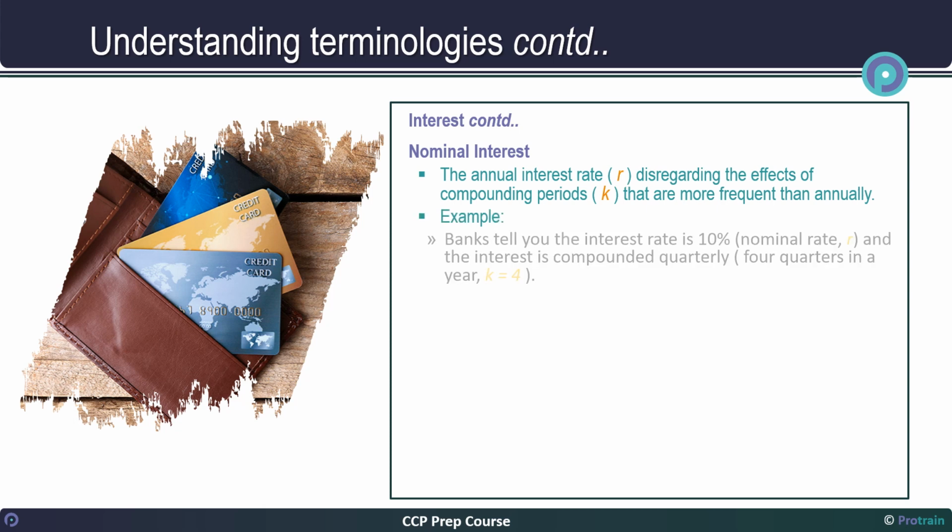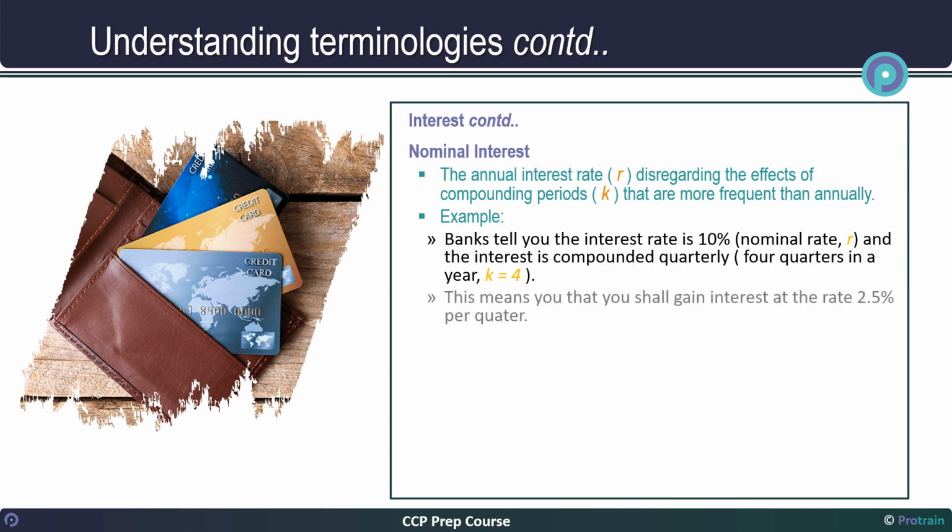If banks tell you the interest rate is 10%, nominal rate, and the interest is compounded quarterly, 4 quarters in a year, therefore K equals 4. This means that you shall gain interest at the rate 2.5% per quarter.